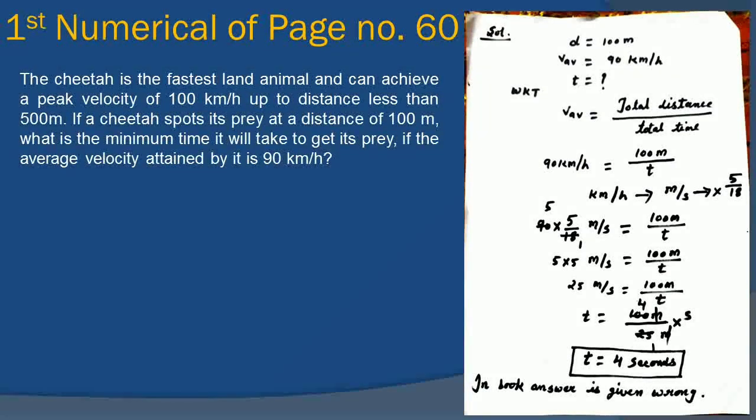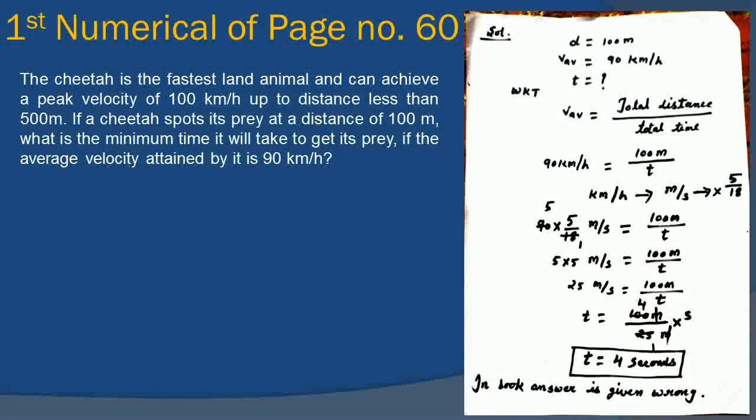So here the formula of average velocity V average is total distance upon total time. Now we will put the values which are given in the question. Average velocity is given 90 km per hour. With the unit you have to write all the values in the numericals. Clear? So 90 km per hour is equal to total distance 100 meter upon time, which is to be calculated.